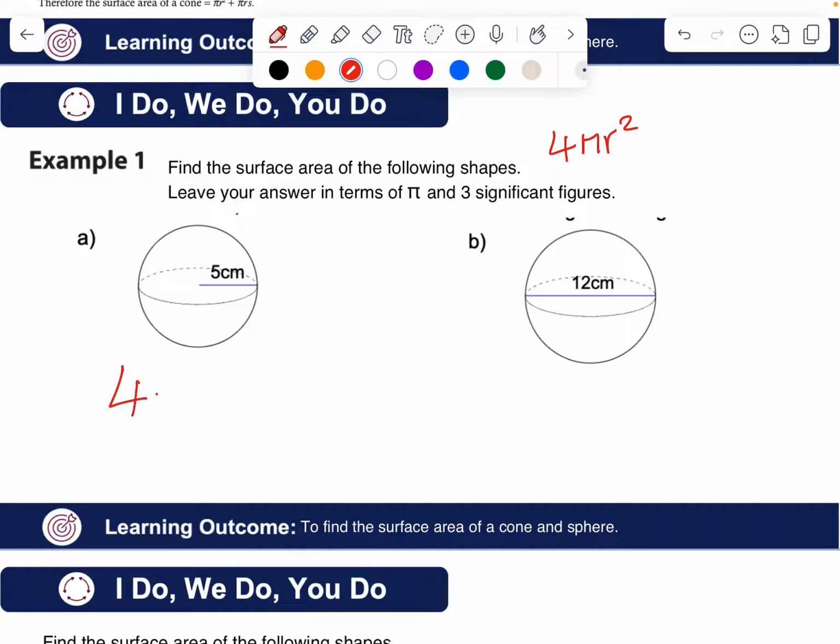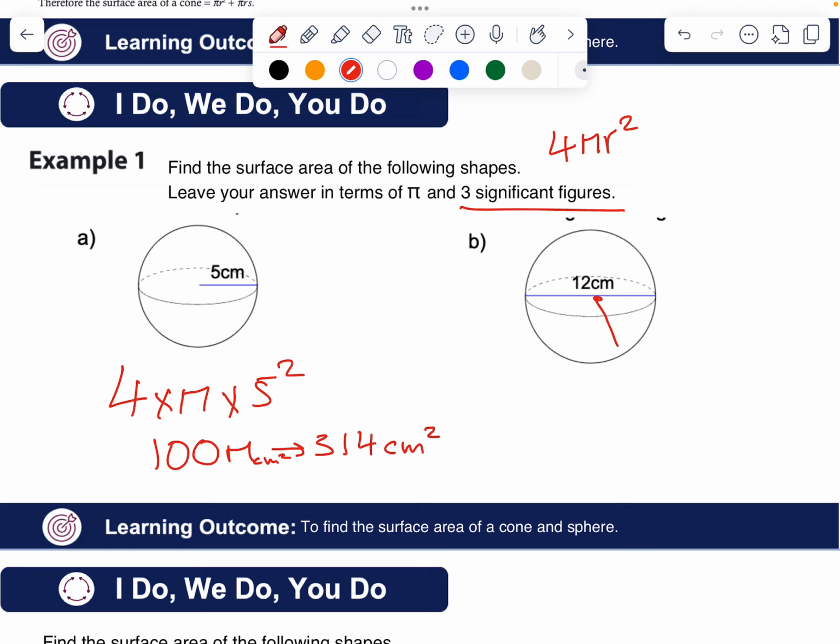So 4 times pi times 5 squared. 4 times 5 squared is 100, so the first one is just 100 pi. Then it wants us to put it in 3 significant figures. If you put that into your calculator, we get 314 centimetres squared.